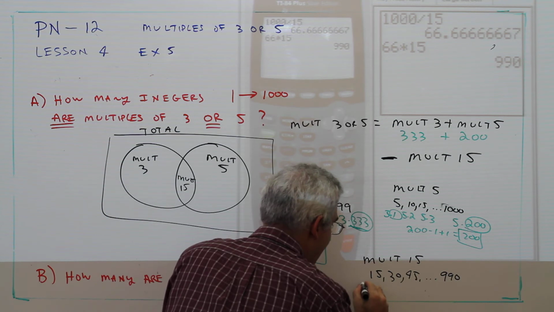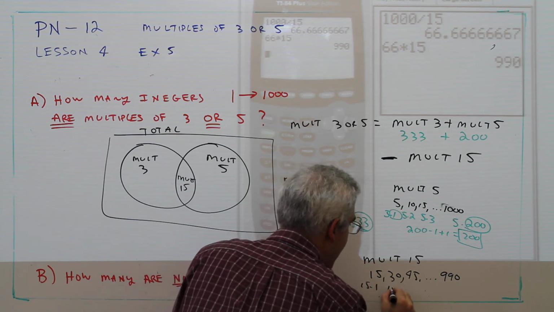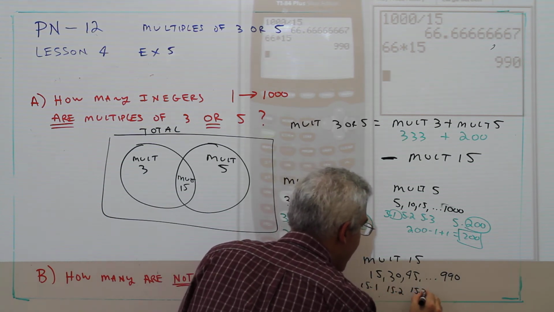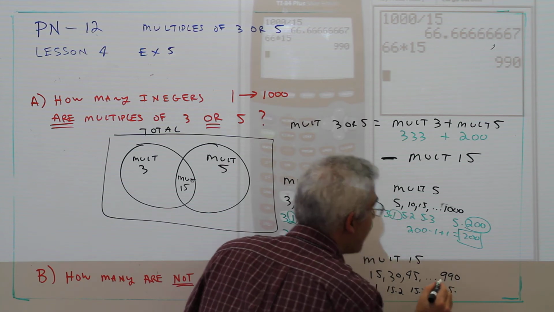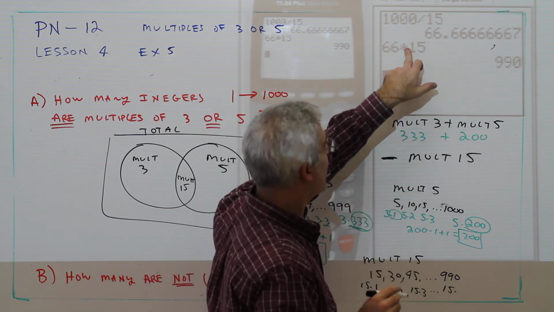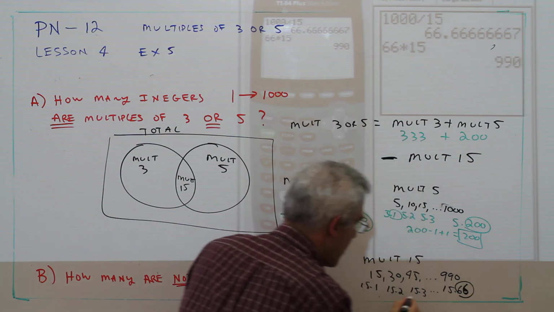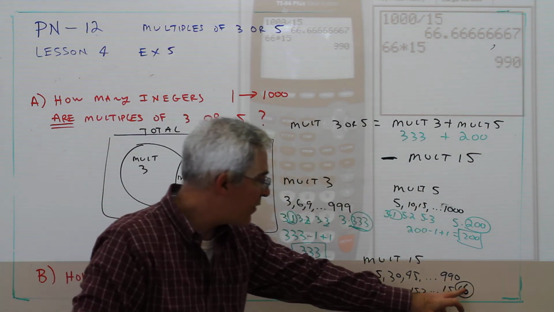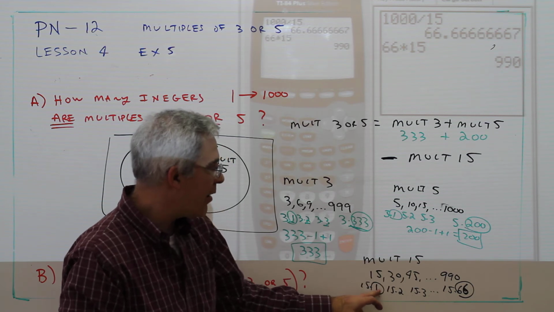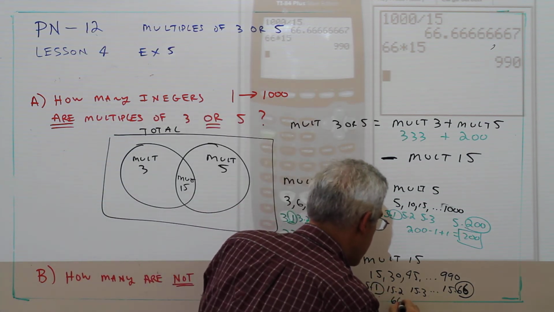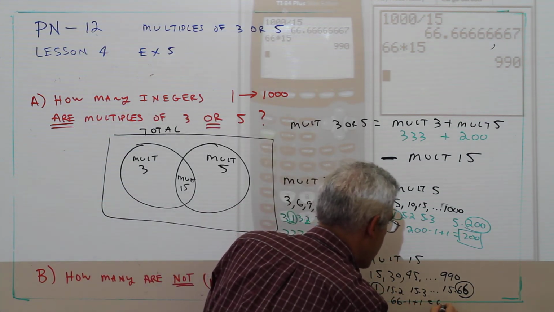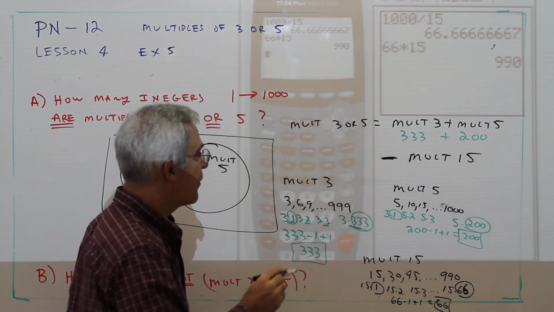Okay, so now I've got 15 times 1, 15 times 2, 15 times 3, 15 times 66. So again, I take 66 minus 1 and add 1. And that's 66.